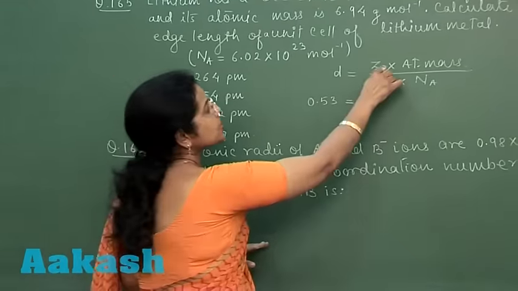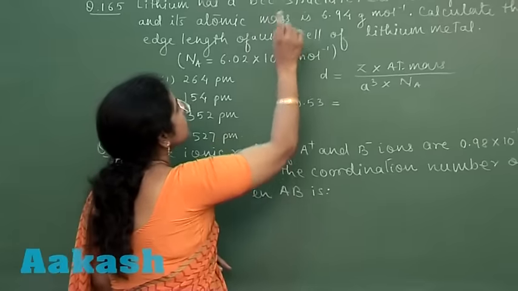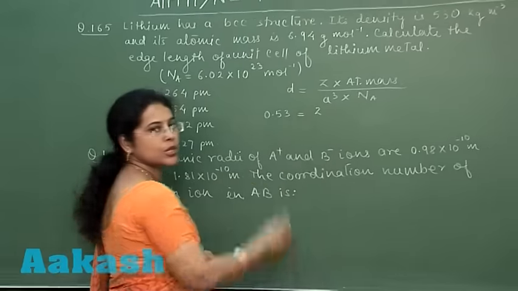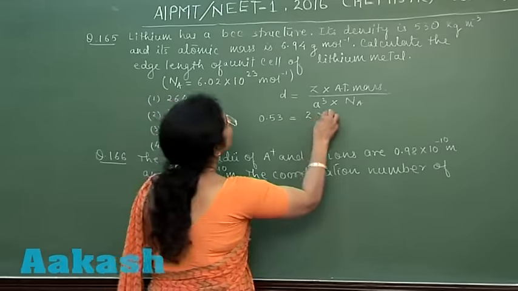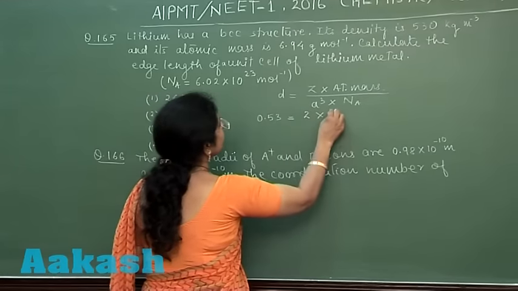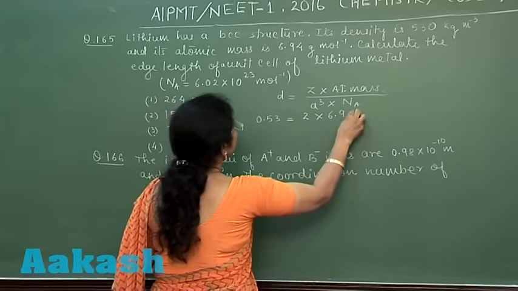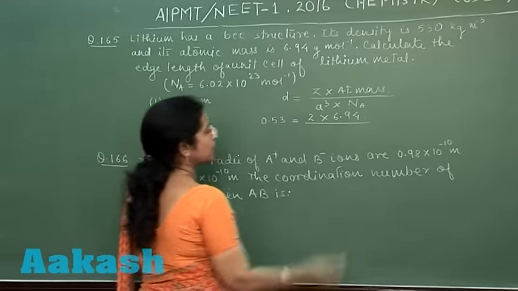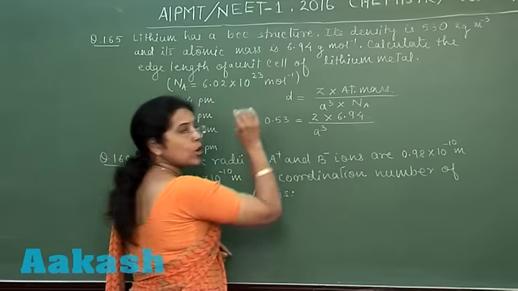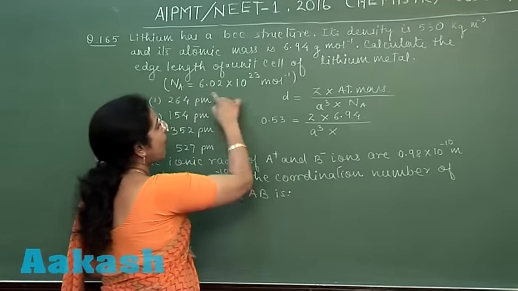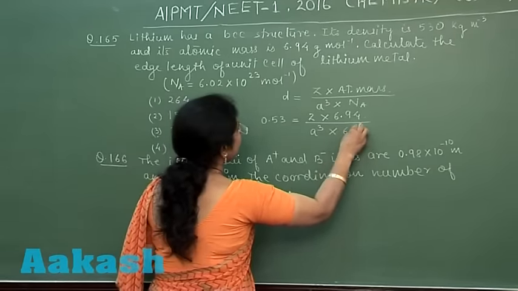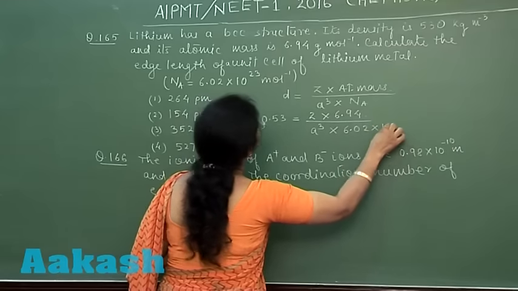Now this is Z. Since lithium crystallizes in BCC lattice, so value of Z will be taken as 2. Atomic mass of lithium is given in the question, 6.94 gram. In denominator it is edge length cube into Avogadro's constant, and this value is also given in the question.